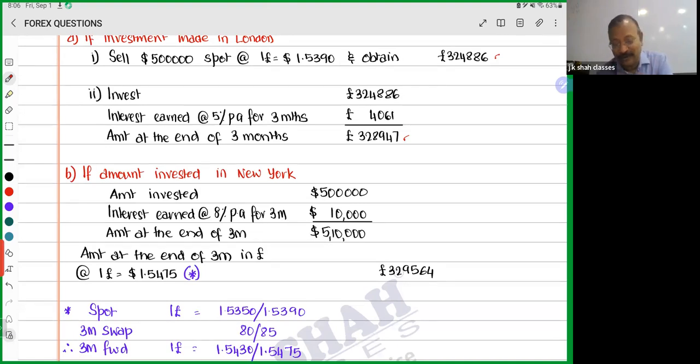And for the 3-month forward rate, I have marked a star and converted down. This is my swap points. So 3-month forward is £1 equals to 1.54305475. And remember, you'll be selling the dollars, buying pounds. So the rate will be 1.5475. Ruchita, where did you go wrong?